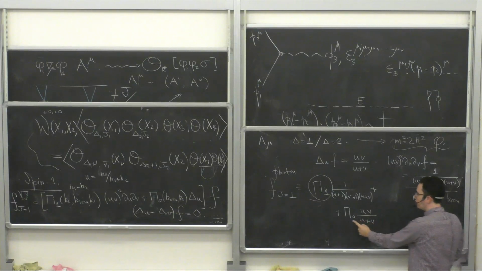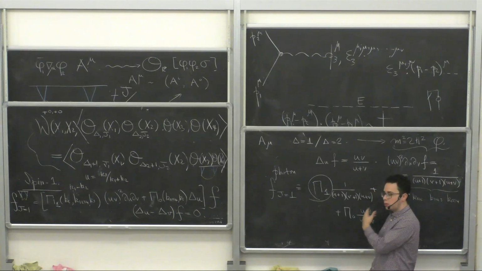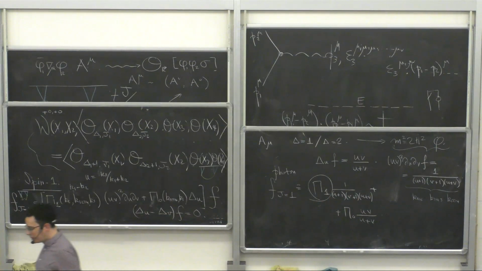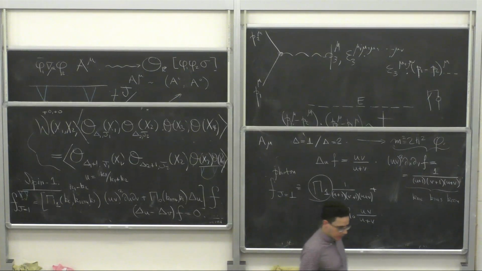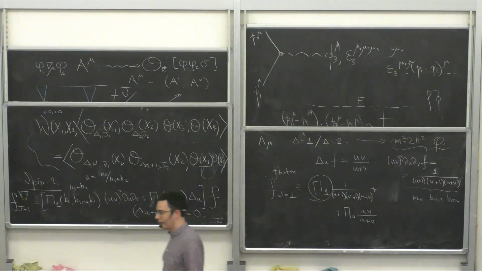There is a contact helicity 0 part. What's that known as in the literature? What is the spin 0 part of photon exchange? It's the longitudinal component.